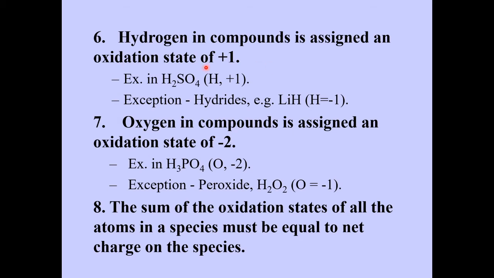When it's acting as a cation, as in when hydrogen's in an acid, it's going to have a +1. So here, sulfuric acid, hydrogen's acting as the cation, it's a +1.